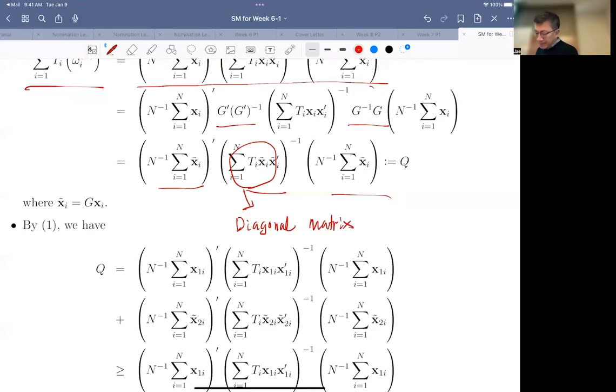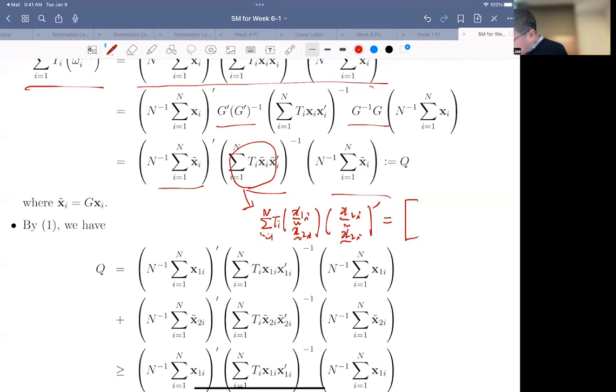Right? Because the point is, this is T_i times (X1i, X2i tilde) and (X1i, X2i tilde) transpose. So then you have a matrix, right? And this term is 0.